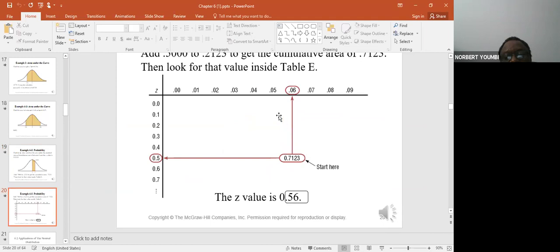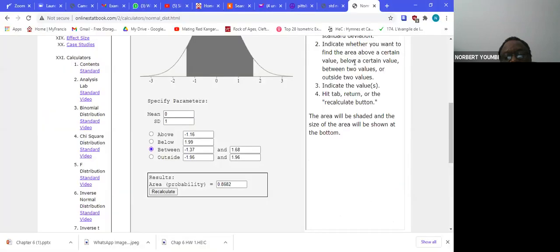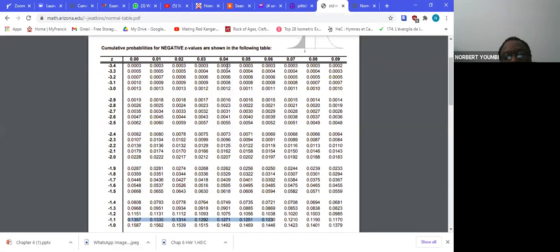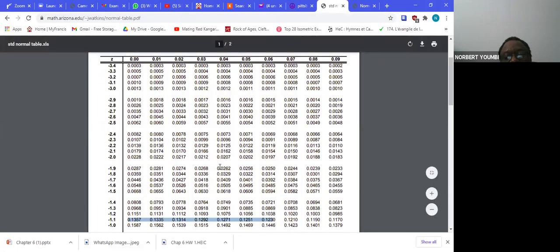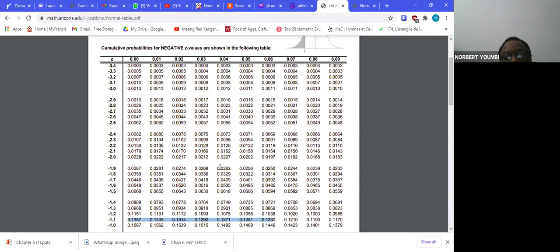But we can go back to the standard normal distribution table. I told you when you want to find z given the area, it's easier to use the standard table. The standard table is here. The area that we were given was the area between 0 and z, which is 0.2123. And we realized that the table is giving us the area to the left of z.